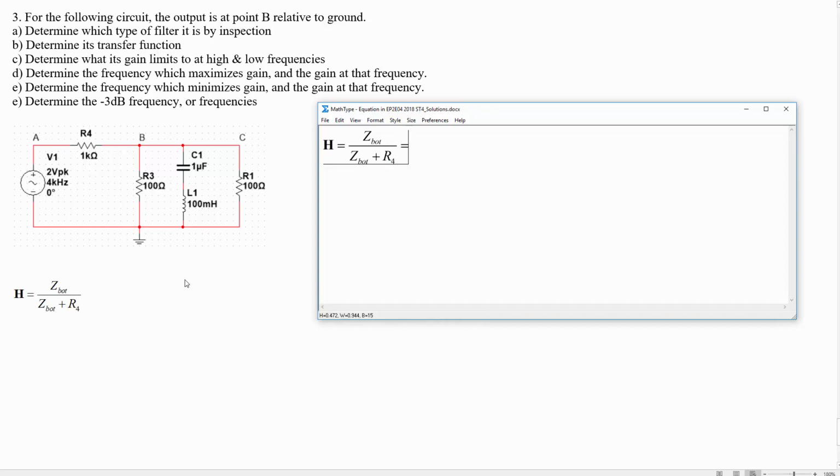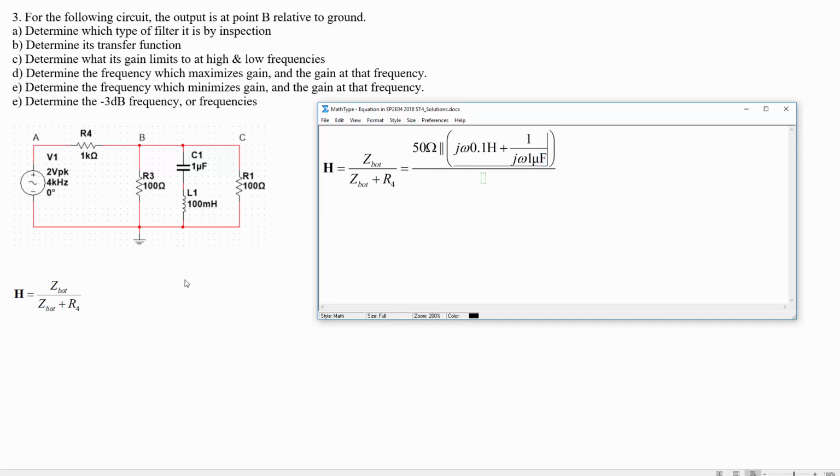Adding up all of the different impedances in parallel, the effect of R3 and R1 together is a 50 ohm in parallel with j omega times 0.1 henry plus 1 over j omega times 1 microfarad. And we'll have this thing.